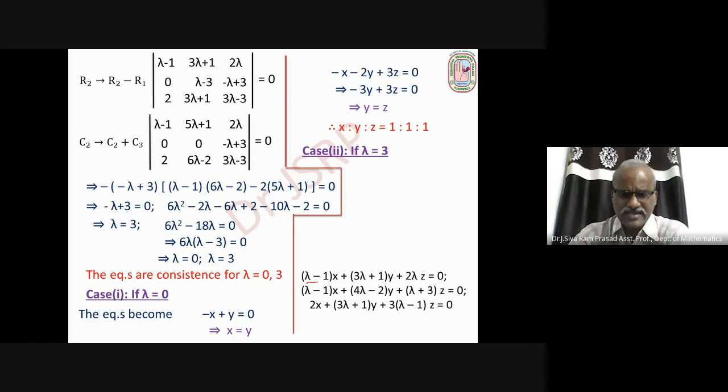Second case, if lambda is the highest of these two values, if lambda equal 3, then what happens? Similarly, substitute lambda equal 3 in the equations. The first equation: lambda 3, 3 minus 1, 2x. Lambda 3 here, 3 into 3, 9 plus 1, 10y. Here lambda 3, 3 into 2, 6z equal 0. This is the first equation.